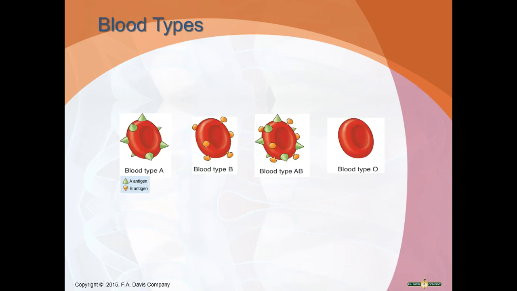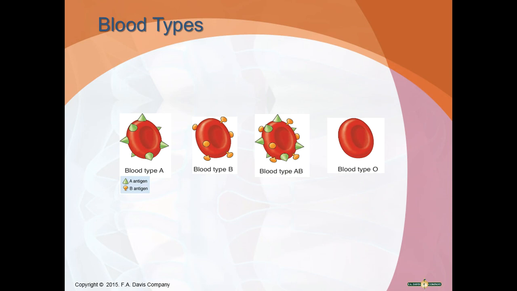Now, blood types, that's your objective: compare and contrast the various blood types and how they're used. So we're going back to the red blood cell. On the surface of the red blood cells, there are proteins called antigens, also called agglutinogens.